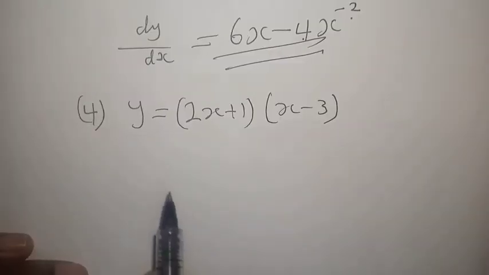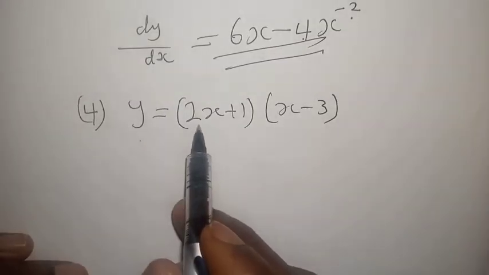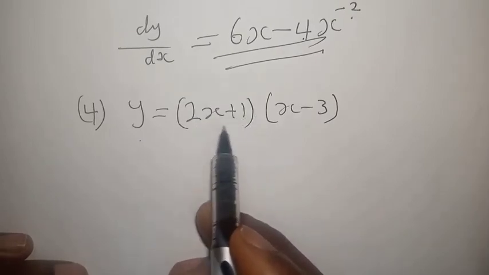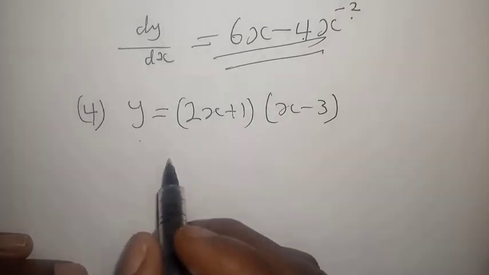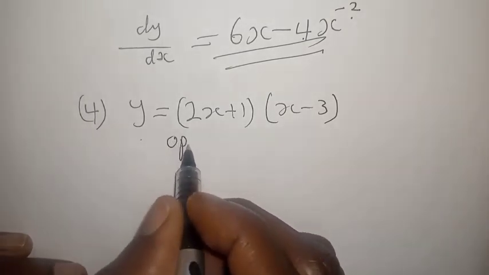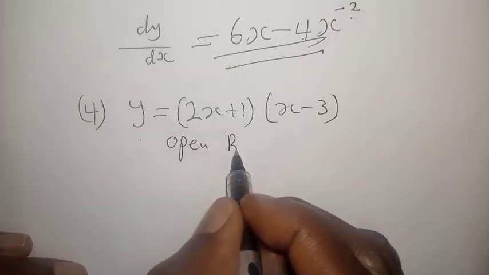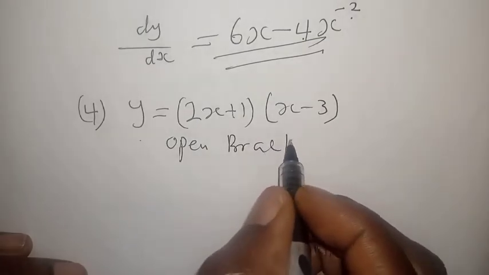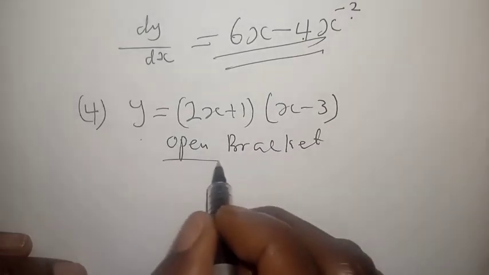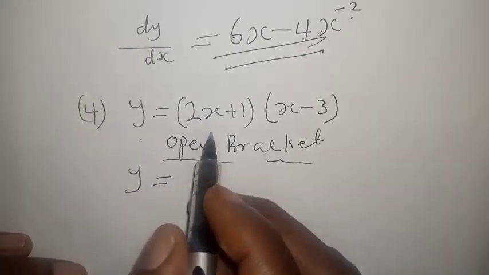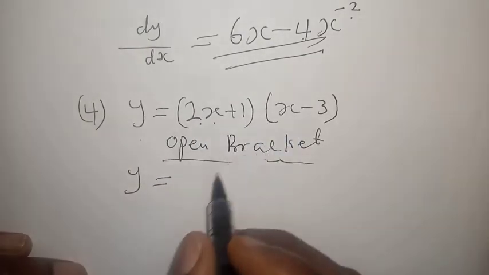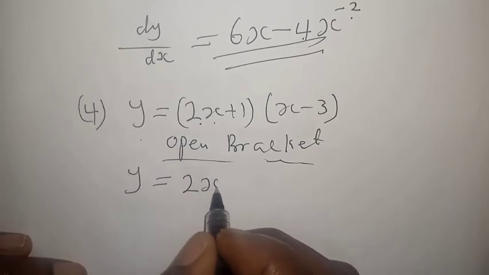Number 4. y is equal to 2x plus 1 times x minus 3. The first thing is to open the brackets. Therefore, y is equal to 2x times x, we have 2x squared.